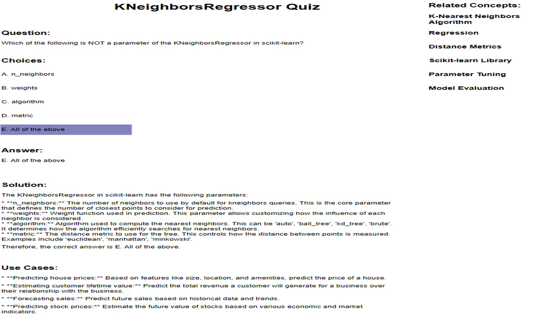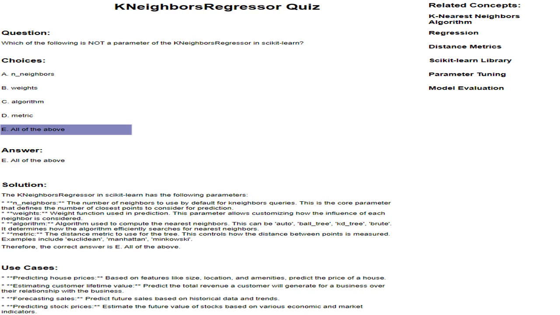Assessing the performance of a regression model using metrics like mean squared error, root mean squared error, and R-squared. Comparing the performance of different models using statistical significance tests and hypothesis testing. Identifying potential overfitting or underfitting issues in a model and adjusting its parameters accordingly.